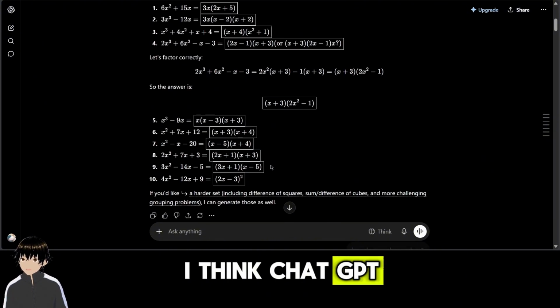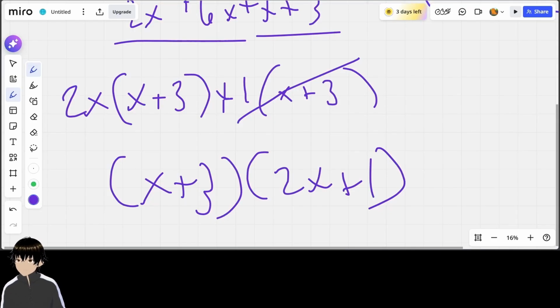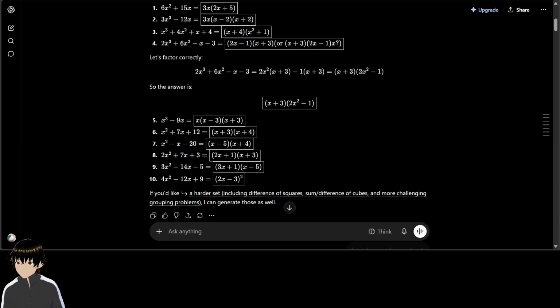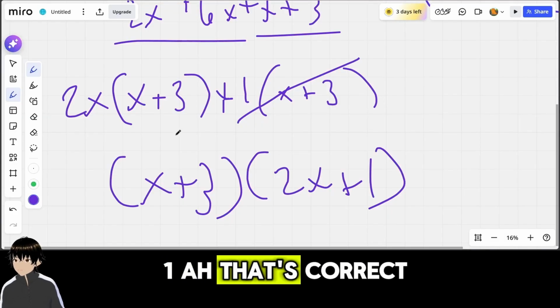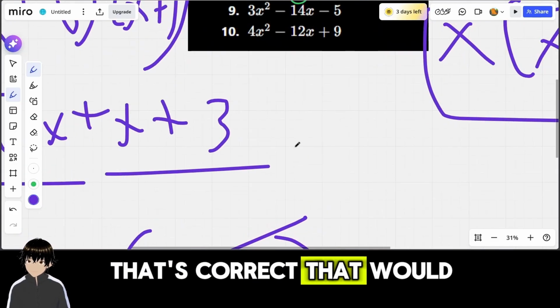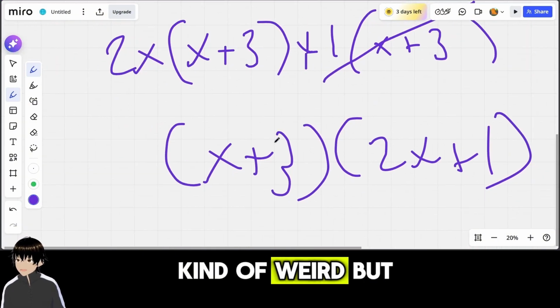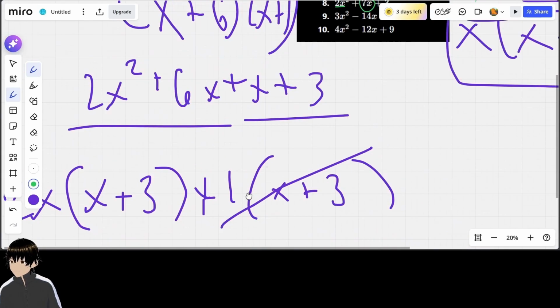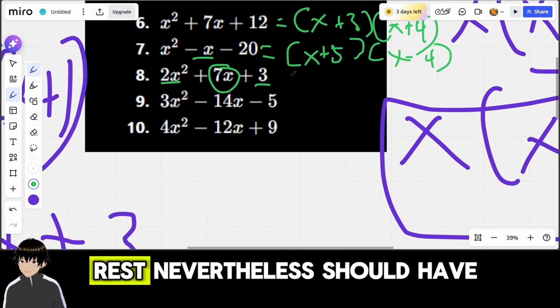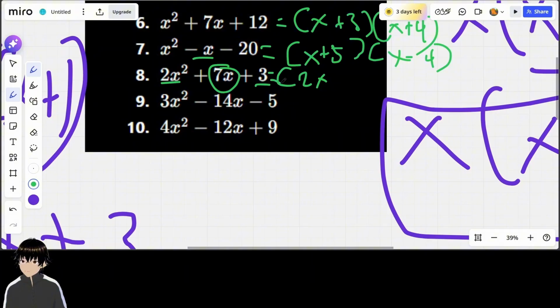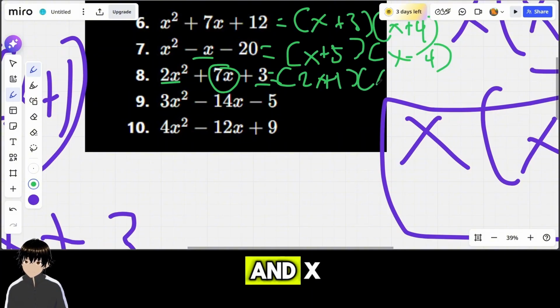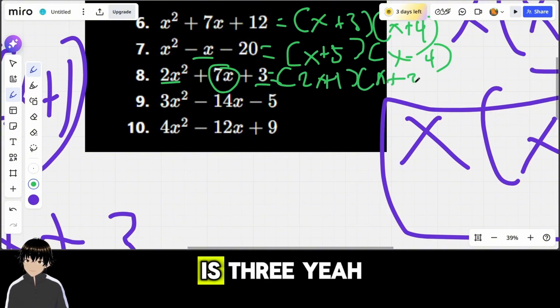I think ChatGPT has had enough of me. You have x plus 3 and 2x plus 1. That's correct. The arrangement is kind of weird, but nonetheless correct.